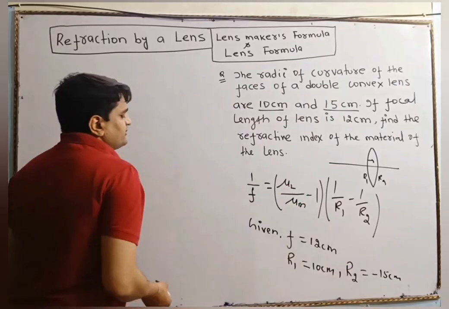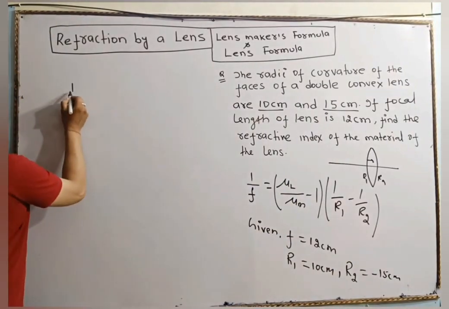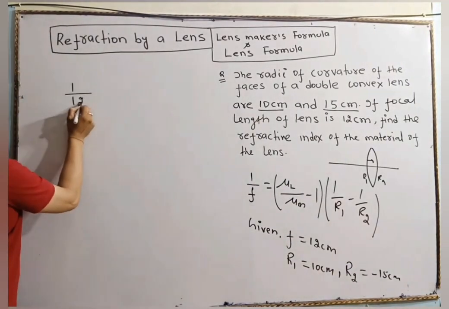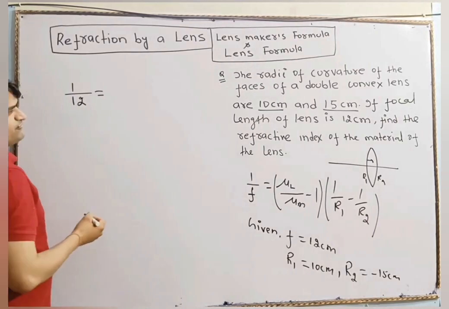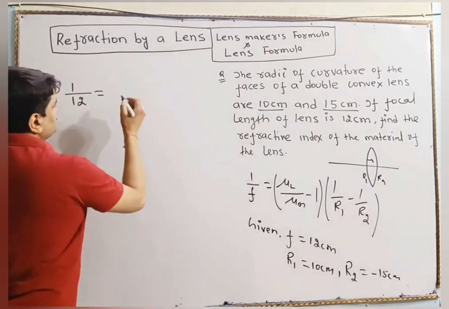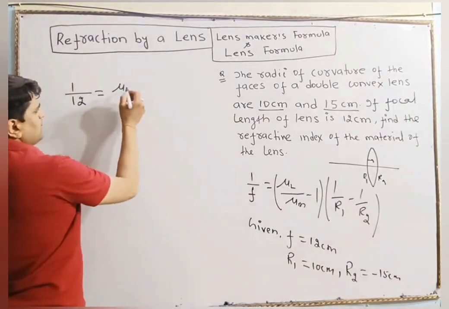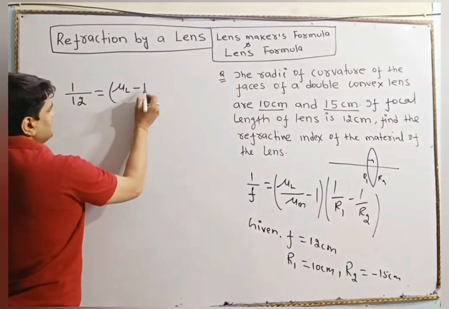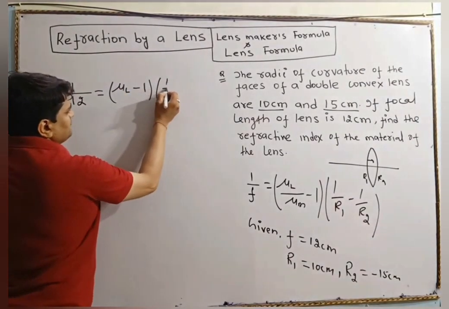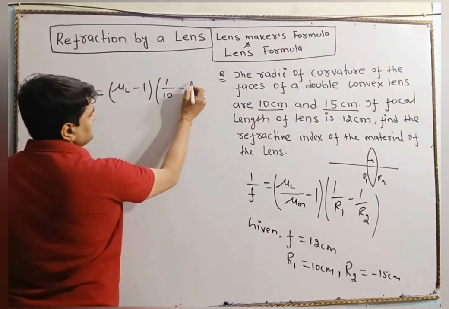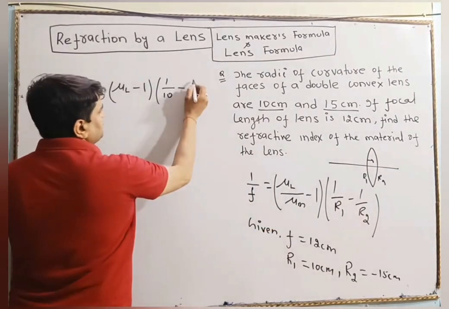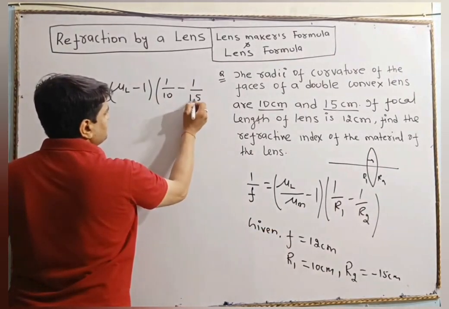Okay, now apply the formula. 1 upon f, that means 1 upon 12, and the refractive index is not known to you, so it will be (mu L minus 1) into (1 upon 10 minus 1 upon minus 15).